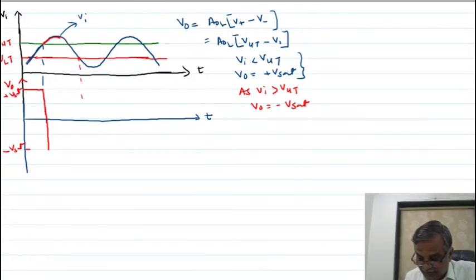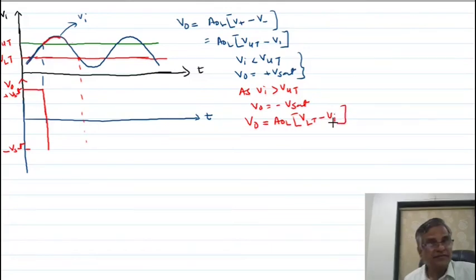So my output equation is AOL times VLT minus VI. So when VI is less than VLT, then my output will be positive. When VI is more than VLT, then output is negative.